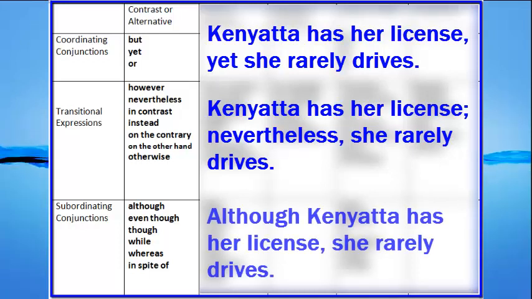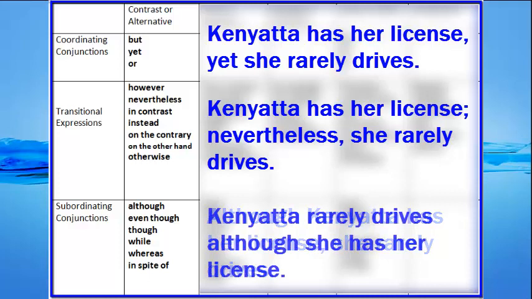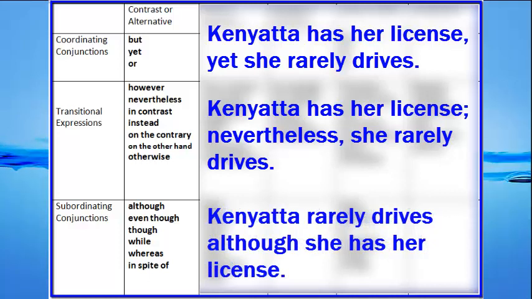Finally, these ideas can be expressed in a complex sentence. Although Kenyatta has her license, she rarely drives. Notice in this sentence that the dependent clause comes before the independent clause. Remember that if a complex sentence begins with a dependent clause, a comma needs to come after the dependent clause. However, if a complex sentence begins with an independent clause, no comma is needed, as in the sentence, Kenyatta rarely drives although she has her license.